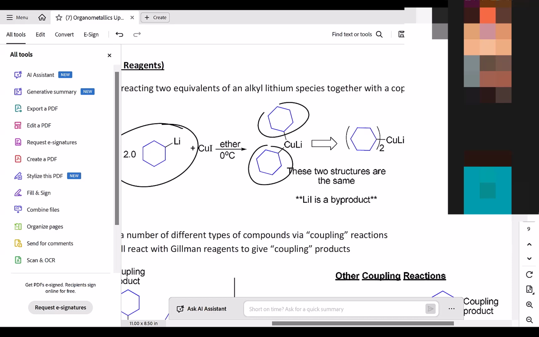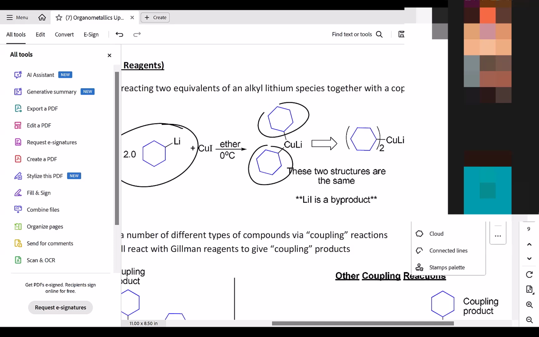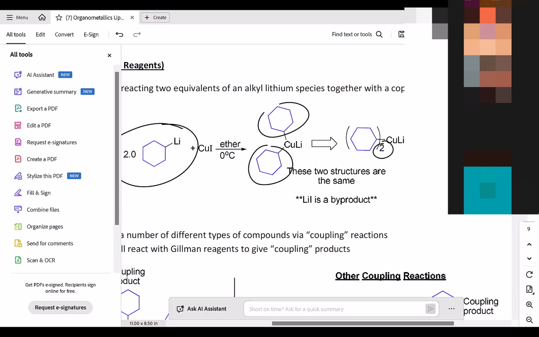If you want to make the cuprate, yes, 2 moles of alkyl lithium or organolithium, because it doesn't have to be an alkyl lithium. So that's just a way to actually make it. You can see right here there's a subscripted 2. That number means that there are 2 groups attached to that copper.